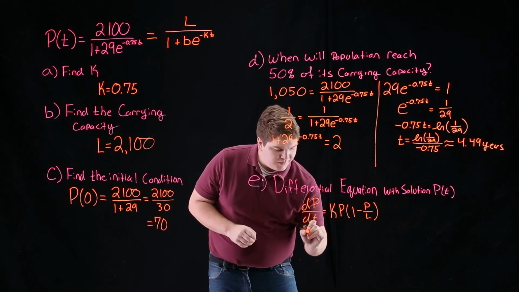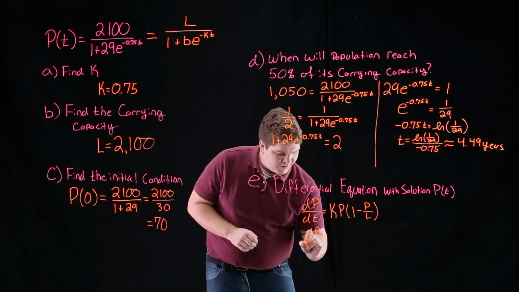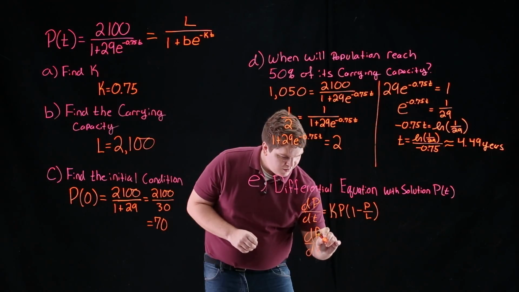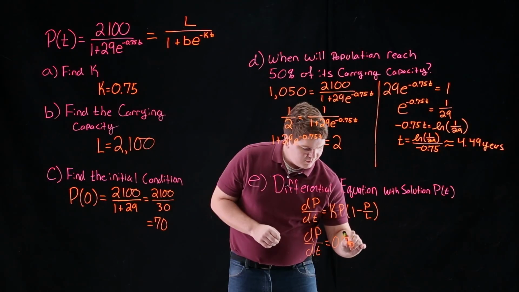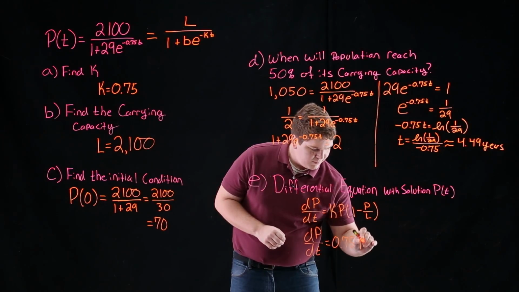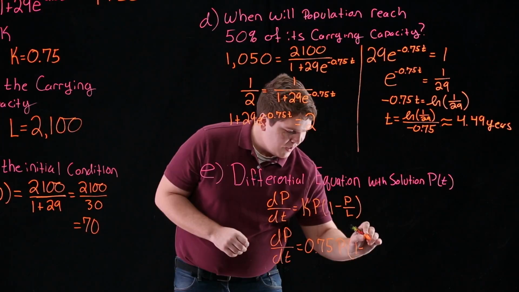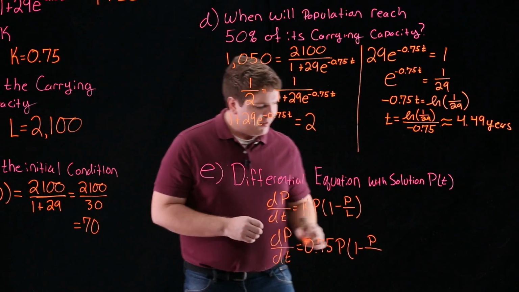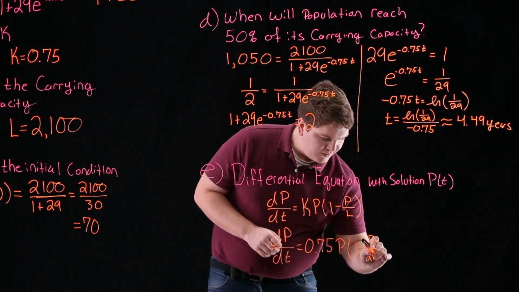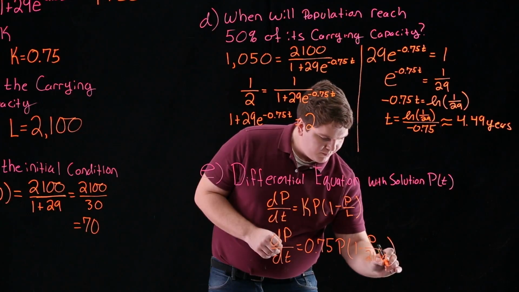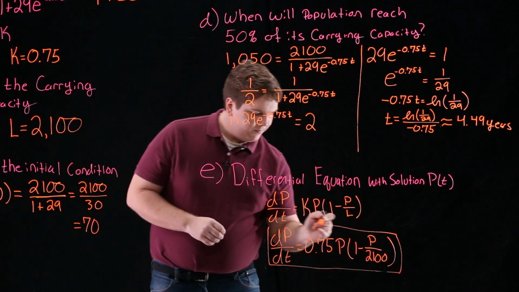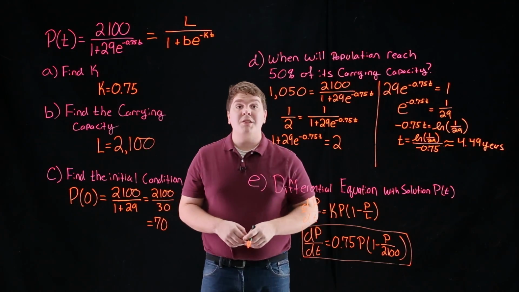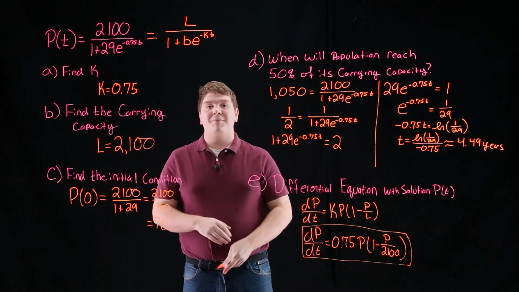So we just need to substitute these values in, and we have dP/dt is equal to 0.75 times P times 1 minus P over our carrying capacity, L, which is 2,100. So there we have a differential equation whose solution is P of t.